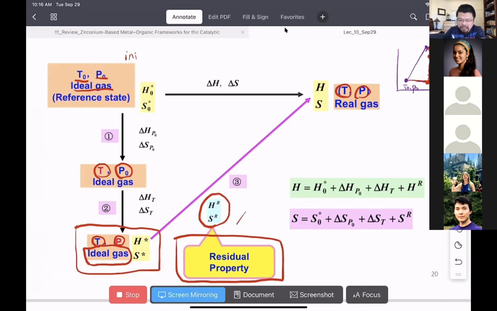So that is another type of measurement to see the gas state. What is the deviation from the ideal to the real? Okay, so this is the first introduction of the residual property. We'll see in a minute on another slide about that concept.